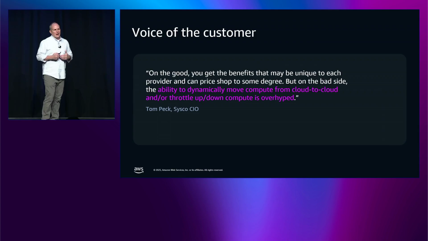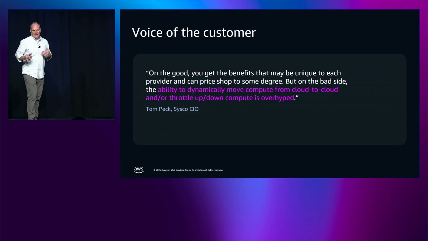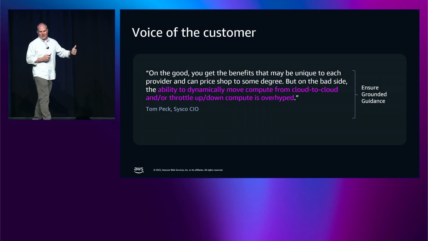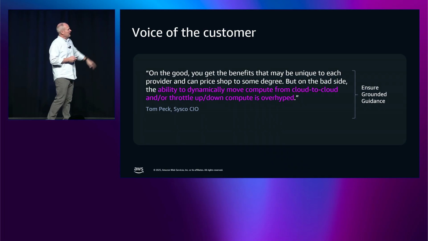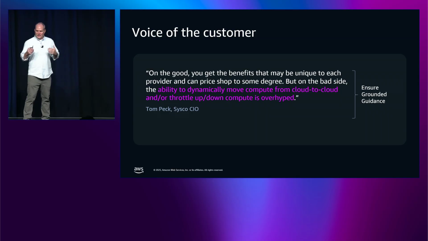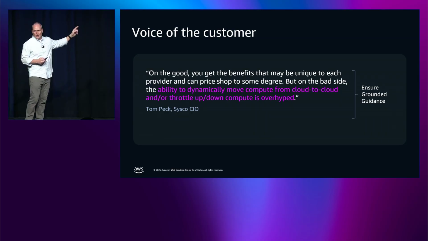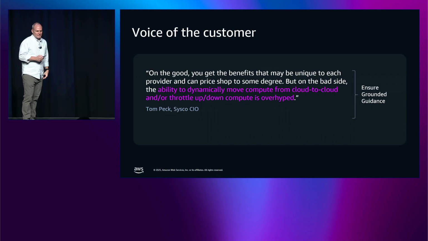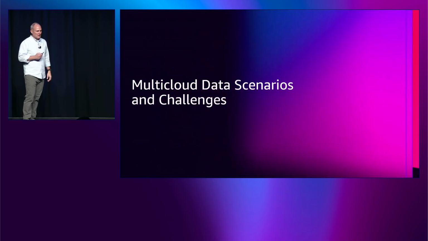So again, we oftentimes hear everyone else is doing this, so I need to consider and do that. We just like to say, start with a good intention, right? What is the business outcome you're trying to achieve, and work backwards from that. So again, ensure grounded guidance, right? So make sure that you have done your research and that is this the right strategy for you?